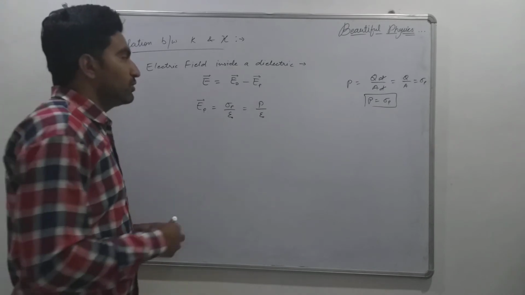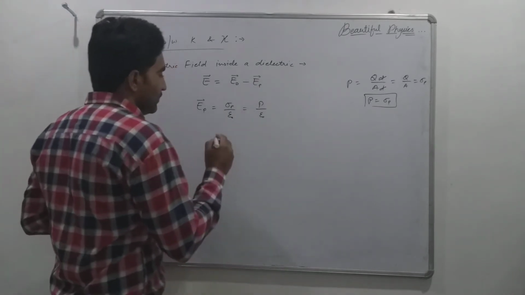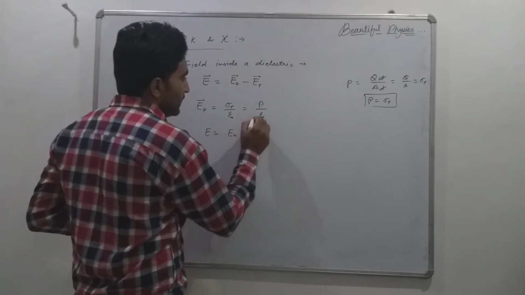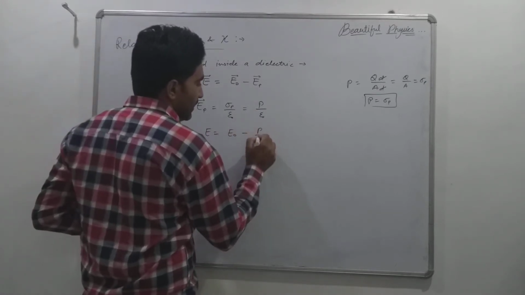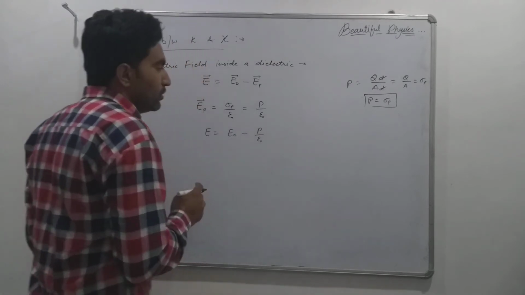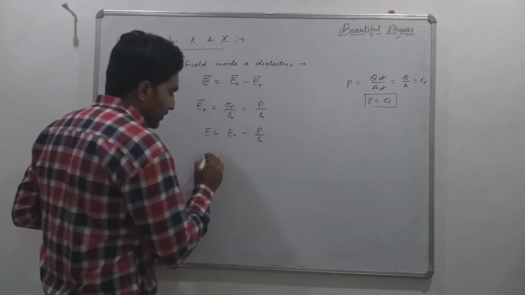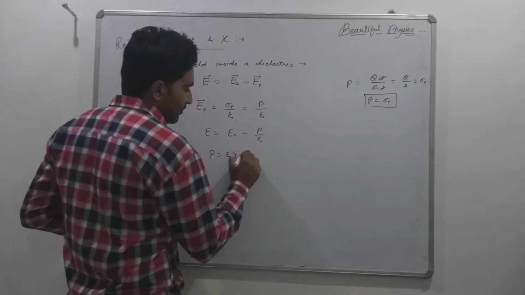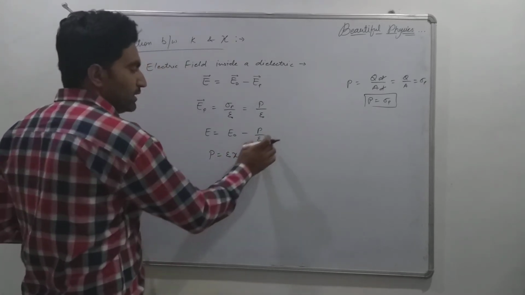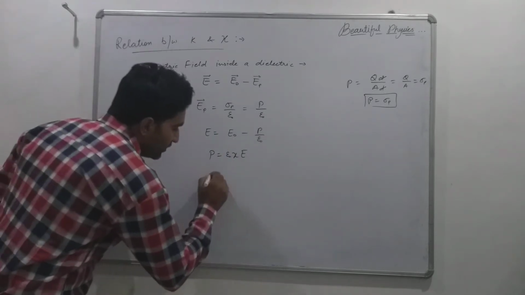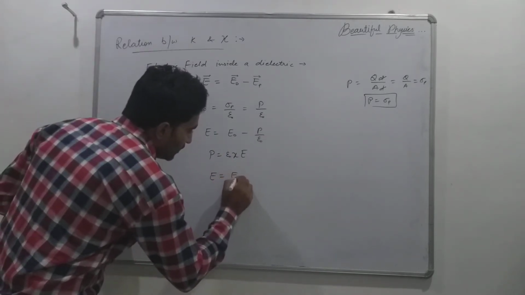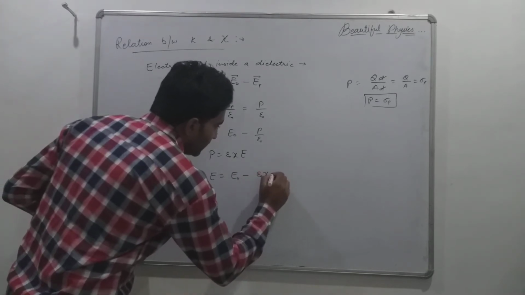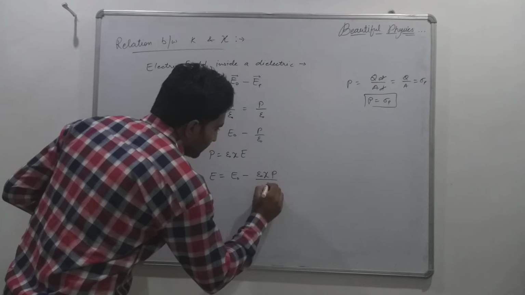So the electric field inside the dielectric due to polarization is equal to P by epsilon naught. When we put this value in the above equation, we have E is equal to E naught minus P by epsilon naught, and we have also discussed that P is equal to epsilon naught times chi times E. Using this, E is equal to E naught minus epsilon naught times chi times E by epsilon naught.